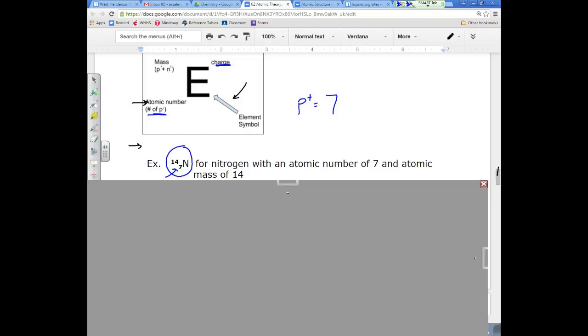Now I have the element symbol, so we know it is nitrogen. The number of neutrons is going to be 14, which is our mass number, minus the number of protons. So that gives us 7 as the number of neutrons for this one. And for our electrons, since we know it is electrically neutral because of the absence of the charge, our protons equal our electrons, and that is 7.